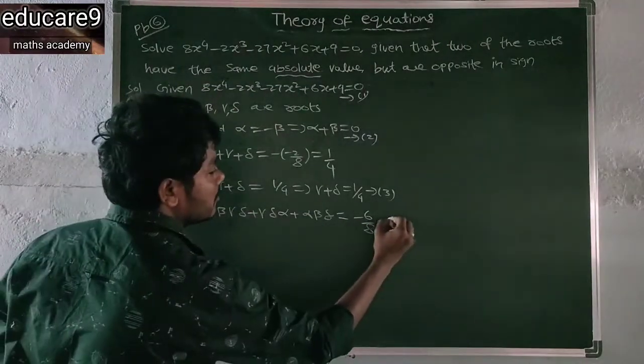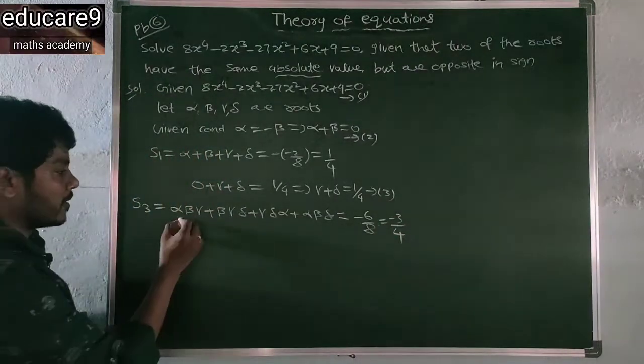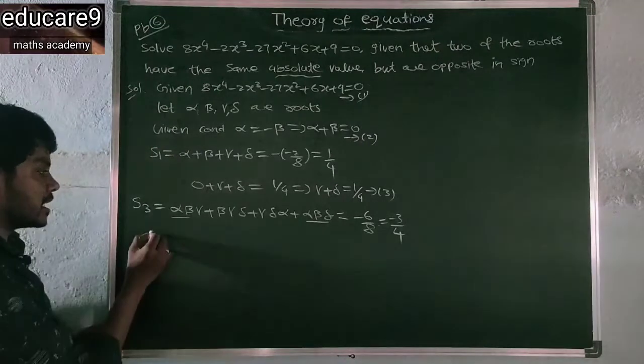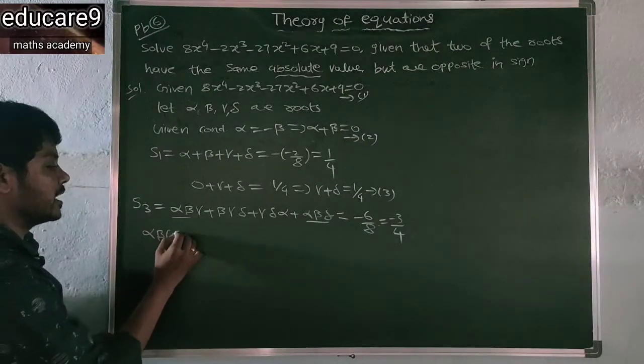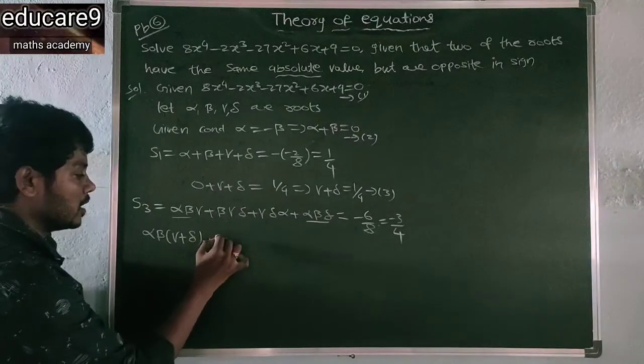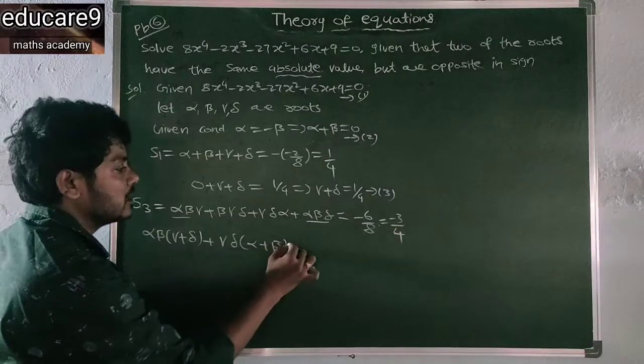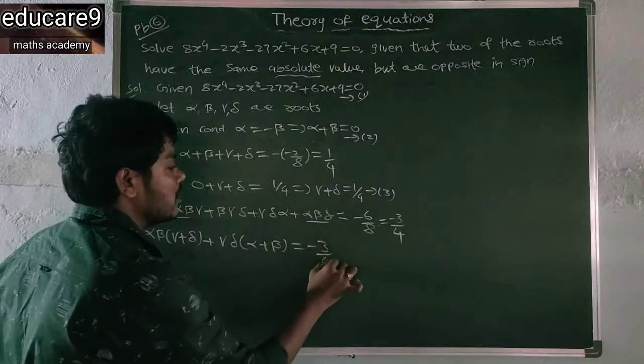So this is minus 3 by 4. So from the first and last, alpha beta is common. So what you get? Gamma plus delta. From these two, gamma delta is common, you get alpha plus beta. This is minus 3 by 4.